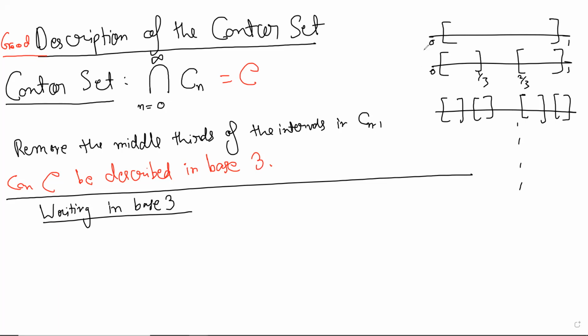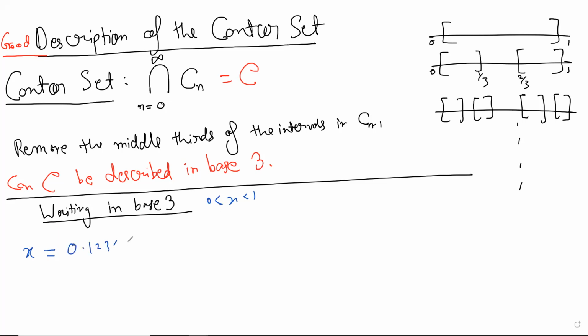I mean, the digits should be 0, 1, or 2, yeah. But first, let's get the idea of what is going on. When we take a real number X, we usually write it in base 10, right? Let's assume X is between 0 and 1. So how do we write it?